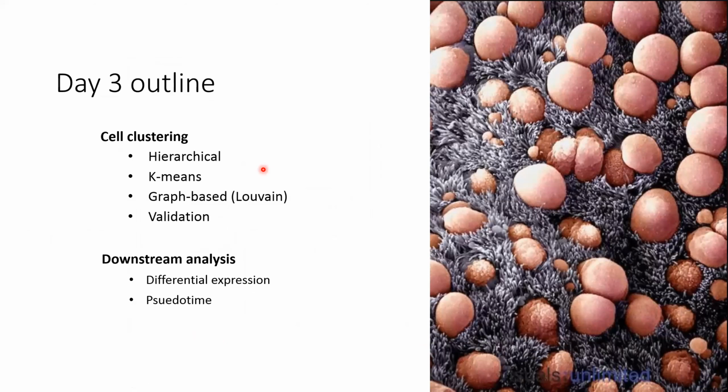Specifically, we'll discuss 3 common clustering algorithms, including hierarchical clustering, graph-based clustering, and k-means clustering. And then in the second part of the lecture, we'll go over methods for the downstream analysis of single-cell RNA-seq data, including differential expression analysis and pseudotime algorithms.